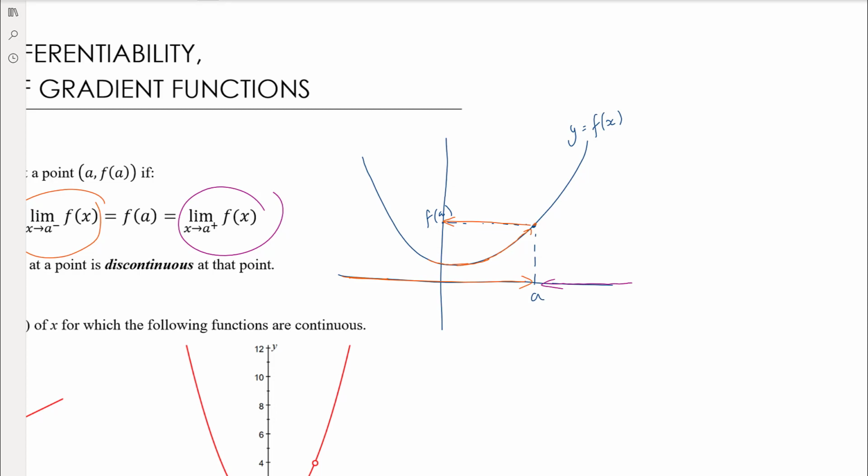So as x gets closer and closer to a, but from higher x values, the limit of the function should also be f at a. Okay, so this sort of skewed looking parabola shape that I've drawn, this function would be continuous anywhere.